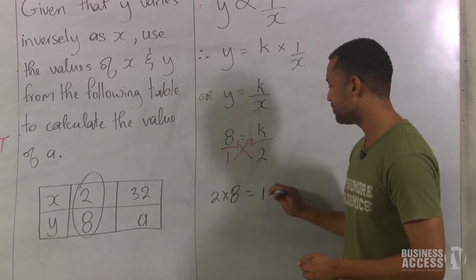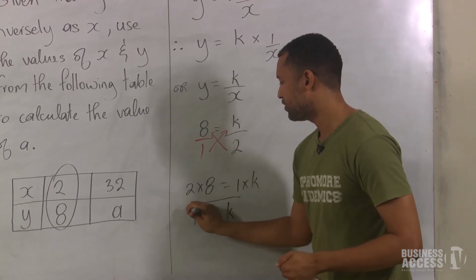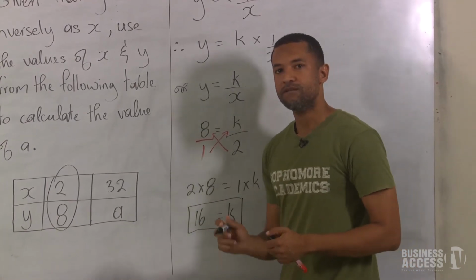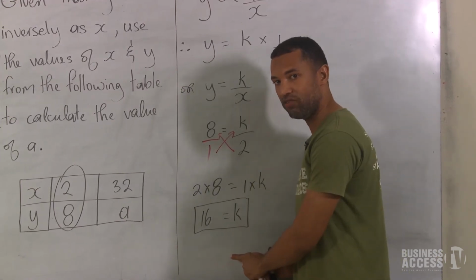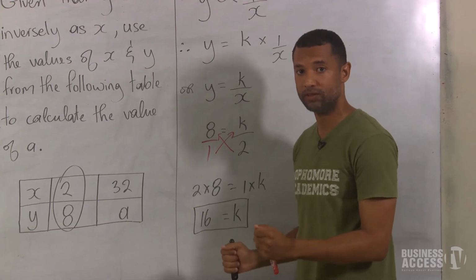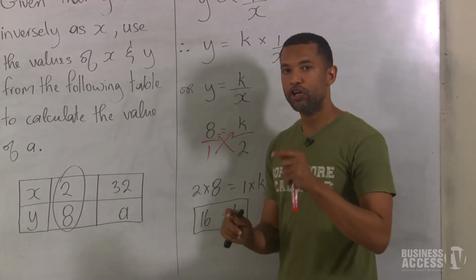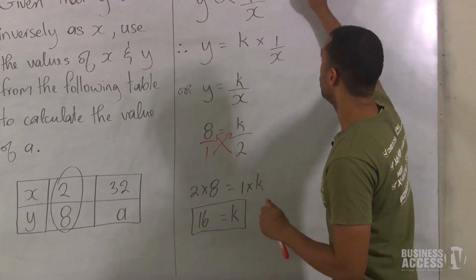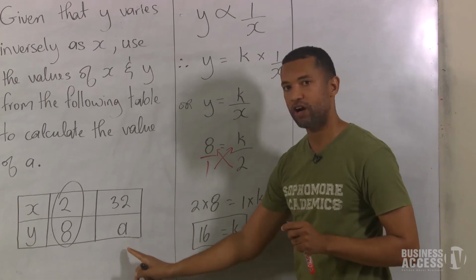We'll give you 1 times k, so we end up having 16 is equal to k. So the constant of proportionality, the k value, which is also important, we found it, and its value is 16. And we're going to use that information now to find the value of a right here.